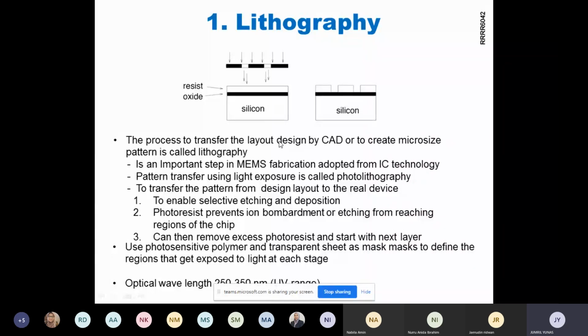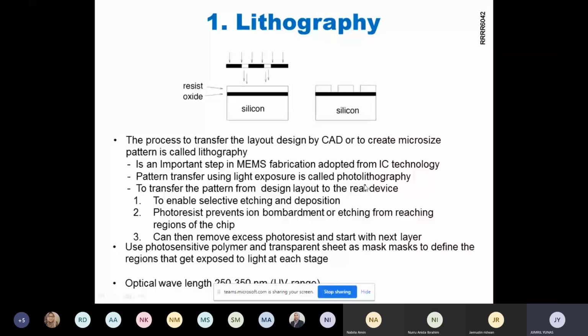This is an important step in MEMS fabrication, which is actually adopted from IC technology. The pattern transfer, if we use light exposure, is called photolithography. This is to transfer the pattern from the design layout to the real device.